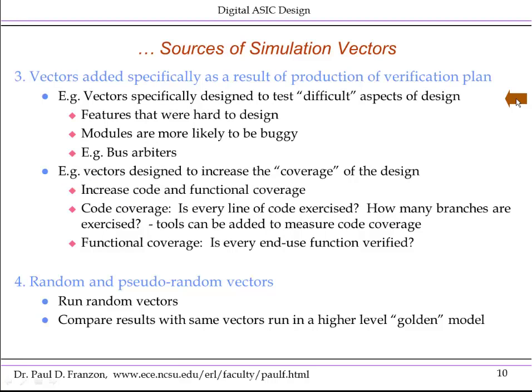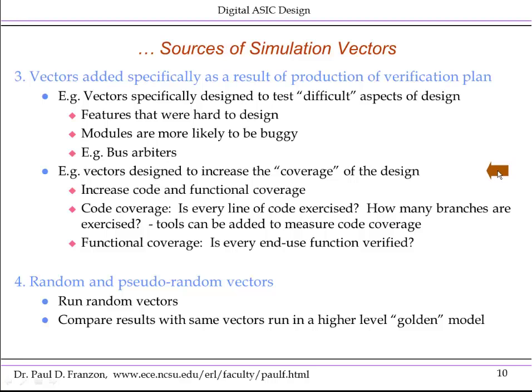Another really good source of verification vectors is to produce vectors that deliberately test the parts of the chip that are difficult, particularly the parts that were difficult to design. If it was difficult to design, it's more likely to have bugs in it. Another aspect of this is actually producing vectors to increase the quote-unquote coverage of the design.